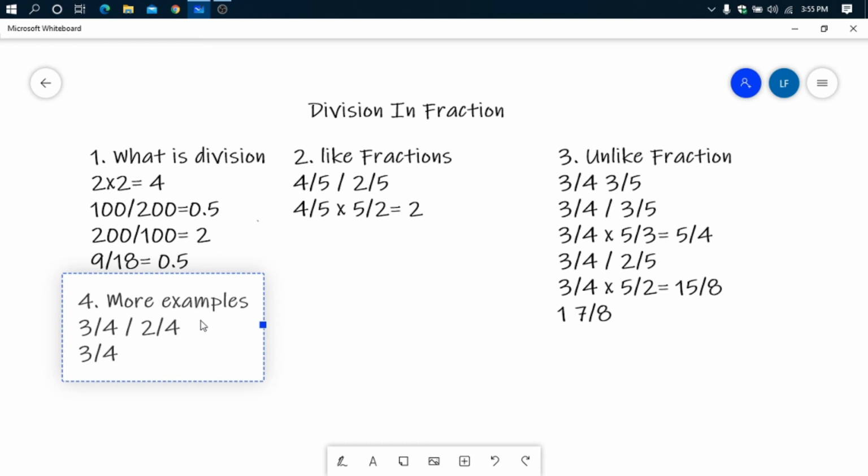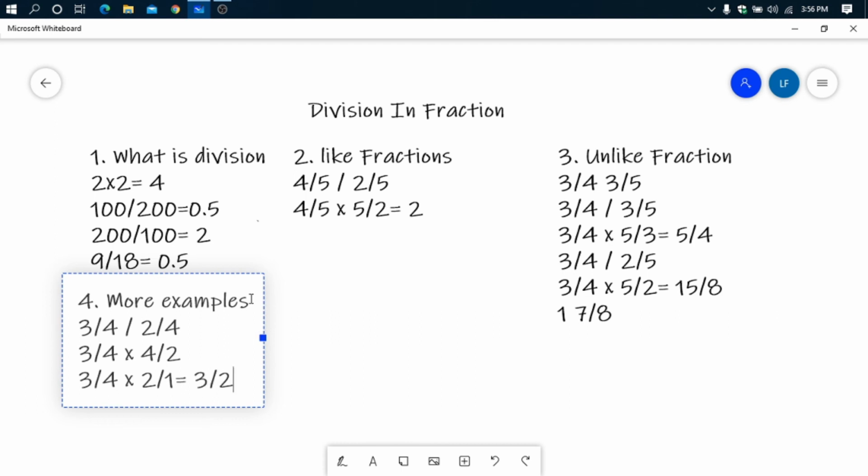So 3 by 4 multiplied by 4 by 2, which equals, so you can divide 2 and 4 by 2 over here. If you cancel 2 and 4, the answer will become 2 by 1. So the answer becomes 3 by 4 into 2 by 1. Then we can cancel the 4 and the 2 for the answer to be 3 by 2.